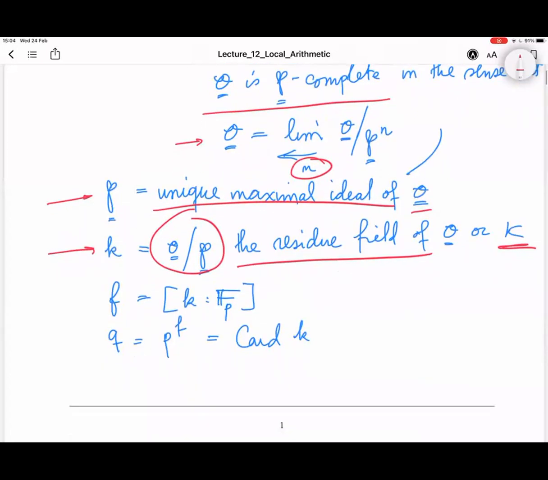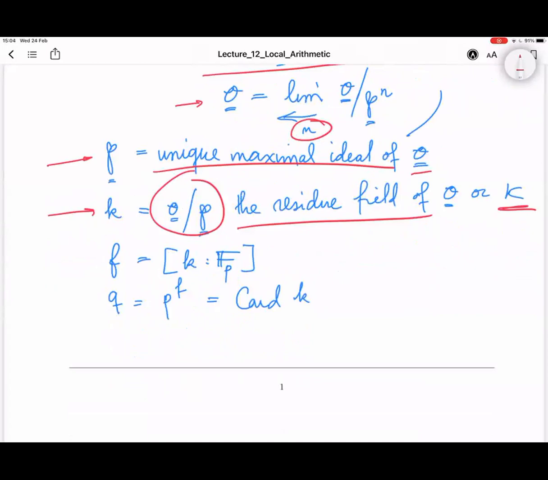So this little k is the residue field of the ring O of the P field capital K. And it's being called a P field because this little k is a field of characteristic P. I'll denote by little f the degree of k over Fp, and by q the cardinality of this field little k.